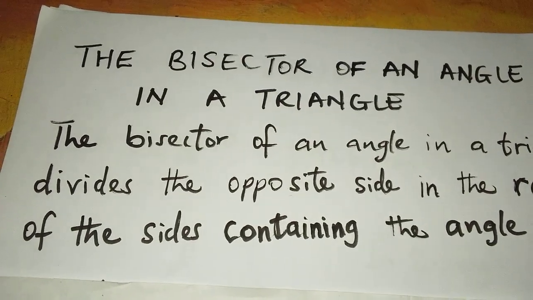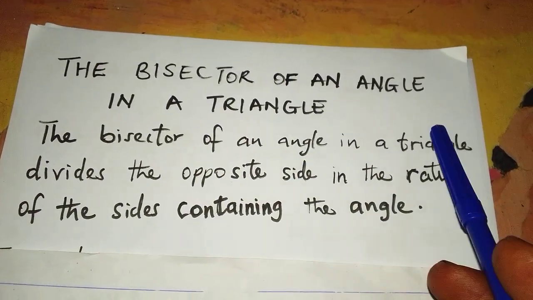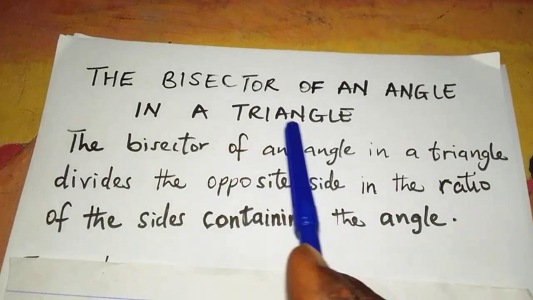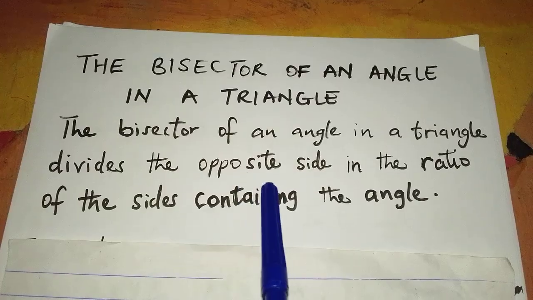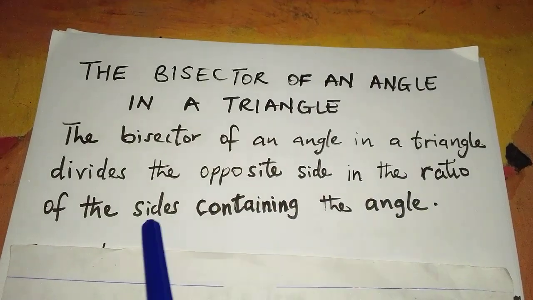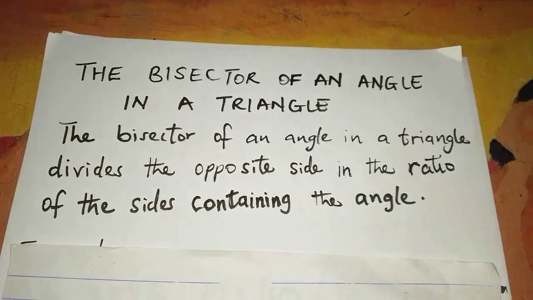Hello students, we are looking at the bisector of an angle in a triangle. The bisector of an angle in a triangle divides the opposite side in the ratio of the sides containing the angle.